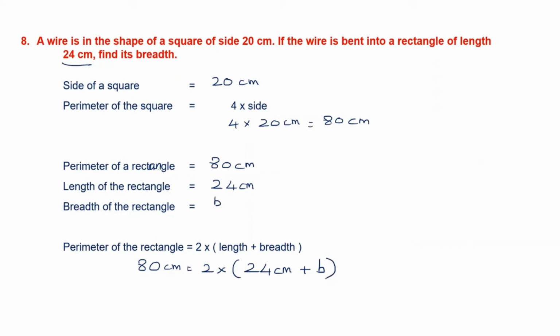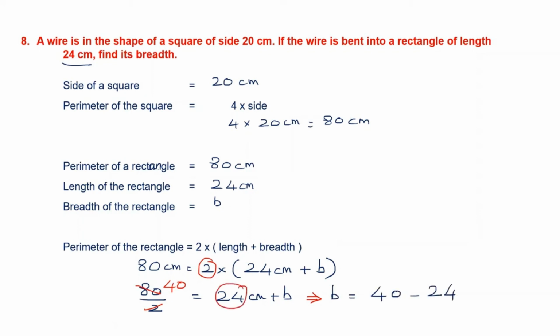Before that, we can transpose this 2, which is multiplication, to the left hand side. So what do we get here? We get 80 by 2 is equal to 24 centimeters plus B. 80 by 2 is 40. So now we can find the value of B. B will be equal to 40 minus 24, because we have transposed 24 from one side to the other side.